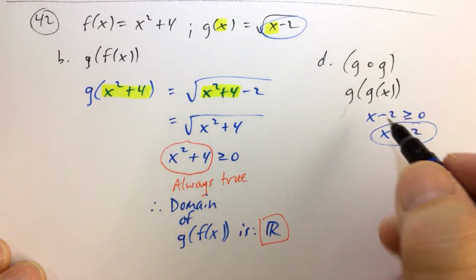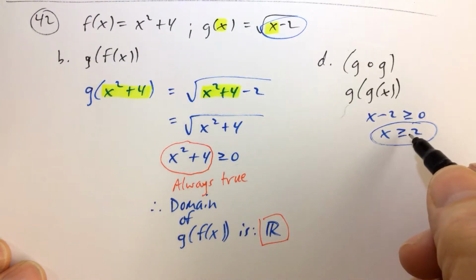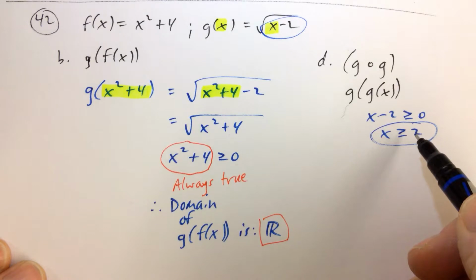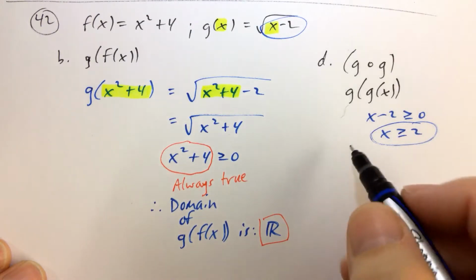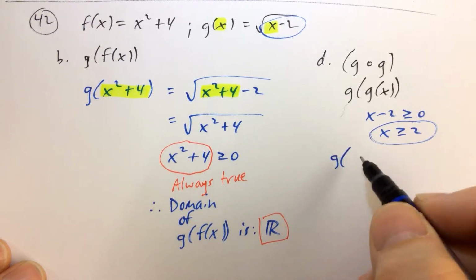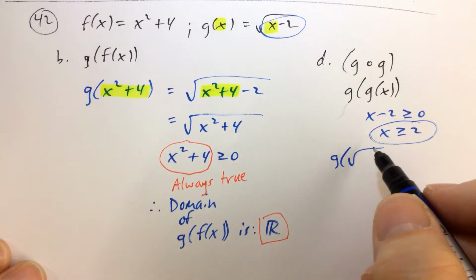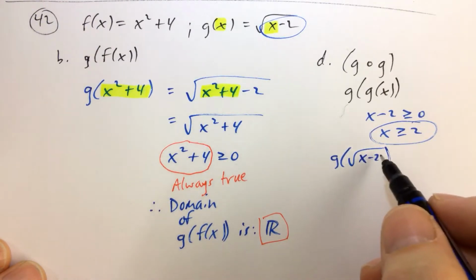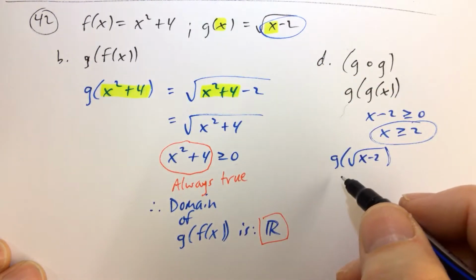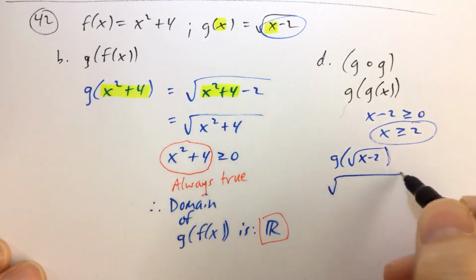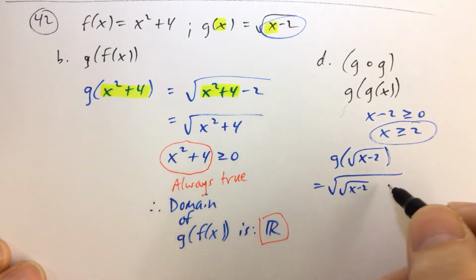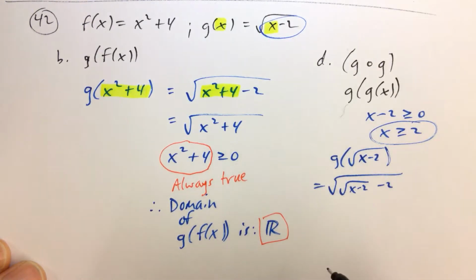So this is our restriction on what x has to be. So we're excluding all values of x that are less than 2. And so when we replace g of x with radical x minus 2, and we replace x then in the function g, this is getting confusing, we get radical x minus 2 minus 2.